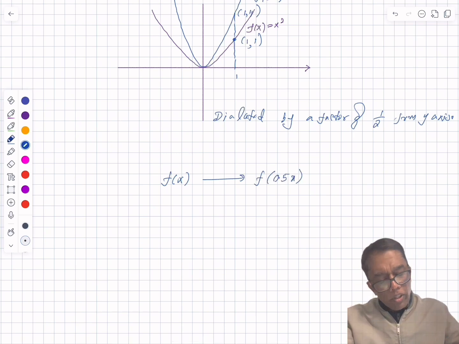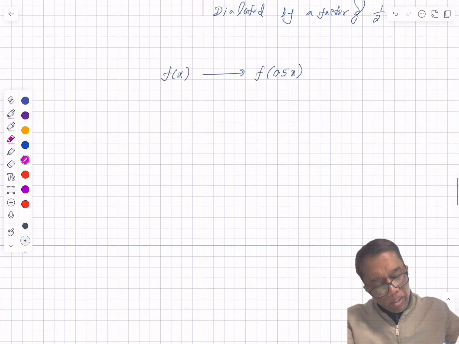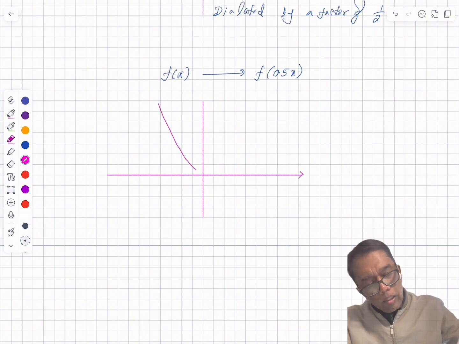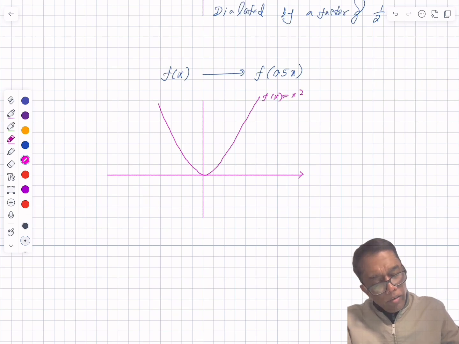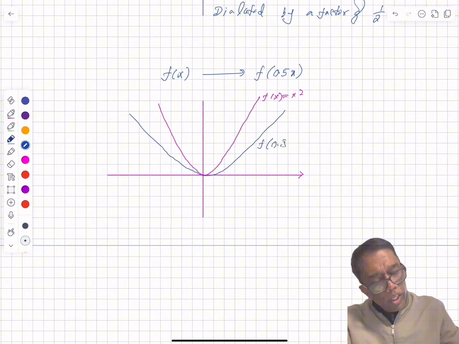I'll draw the graph. f(x) = x² is my parent graph. Next one is f(0.5x), that means (0.5x)².